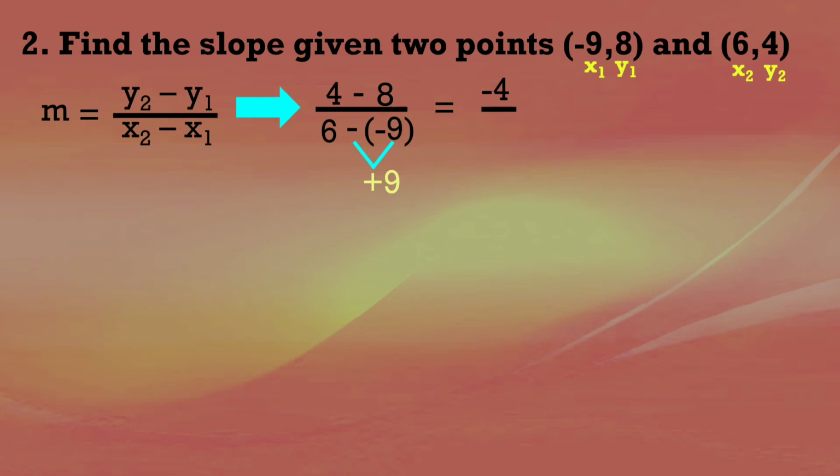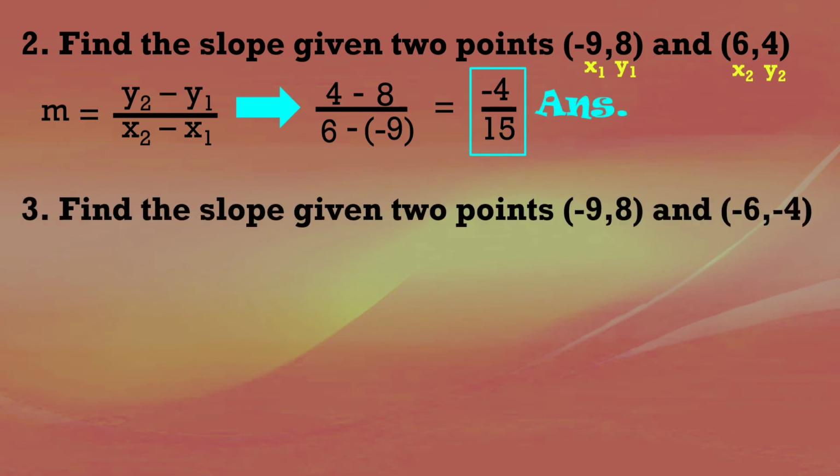So, para hindi na lang kayo mahirapan. So, dahil pag dalawang negative, minultiply, iba magiging parehas positive. So, yan, magiging positive 9 na siya. So, 6 plus 9 equals 15. So, ang ating slope for number 2 ay negative 4 over 15. So, yun yung ating sagot.